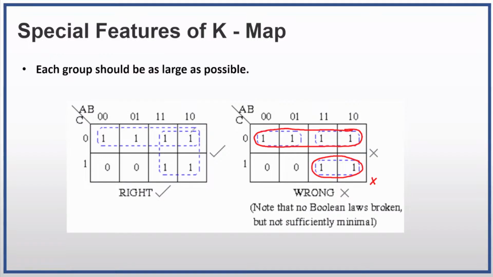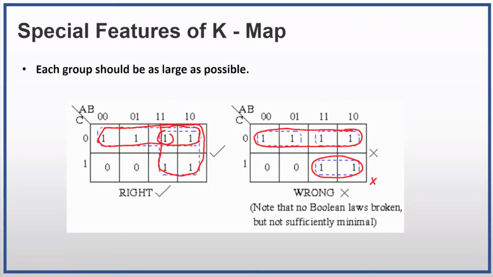So therefore, no matter, use the overlapping groups, no problem with the overlap. So therefore, you have to group as large as possible. So what happens? The better one is to group these 4 and then group these 4.